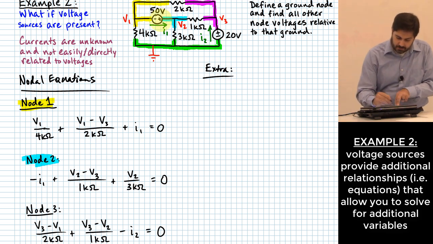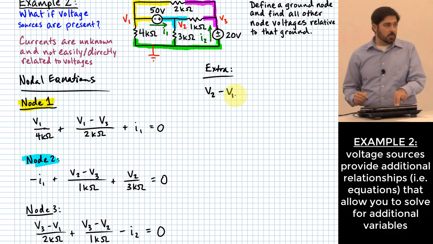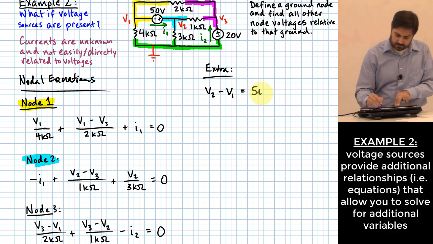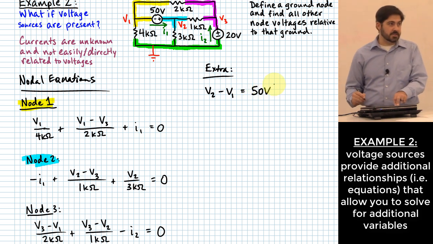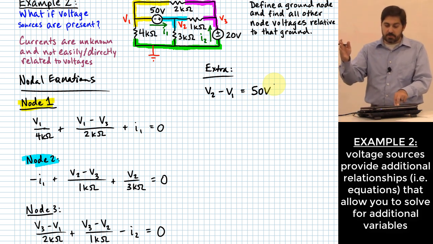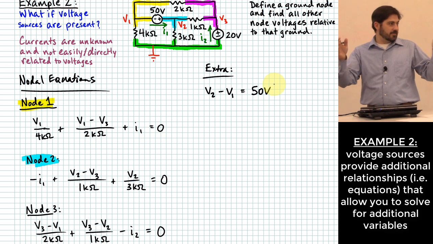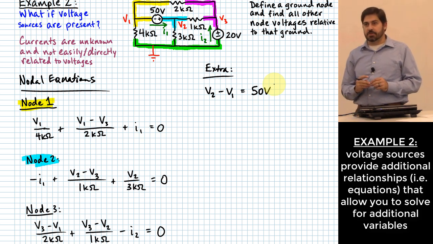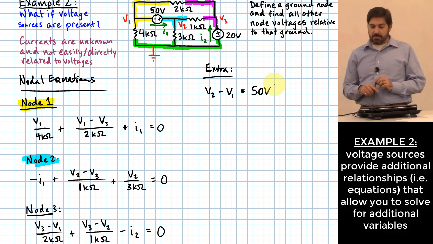How about V2 minus V1 equals 50 volts, because that's what that voltage source does. It holds V2 relative to V1 at 50 volts. So if you take V2 and subtract V1, you will have the value of that voltage. Okay? What other extra equation might I be able to write?